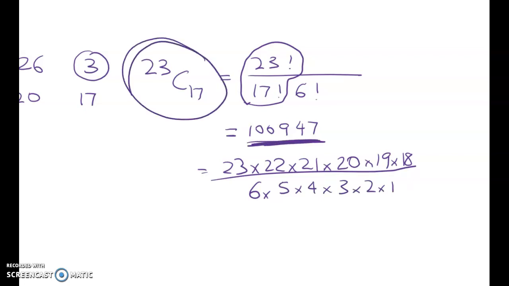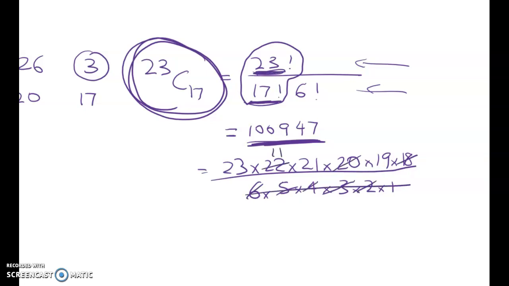You have to show this bit of thinking to get the 2 marks here, as you'd expect, but you don't have to do what I'm doing here, right? But what I'm trying to show you is that when we've got a combination, the 17 factorial is entirely contained within that 23 factorial. So we can actually knock out a whole lot of stuff here, right? We've got a common factor there, and then this is just 11. So if you have a calculator moment, that's all you're working out on your calculator.